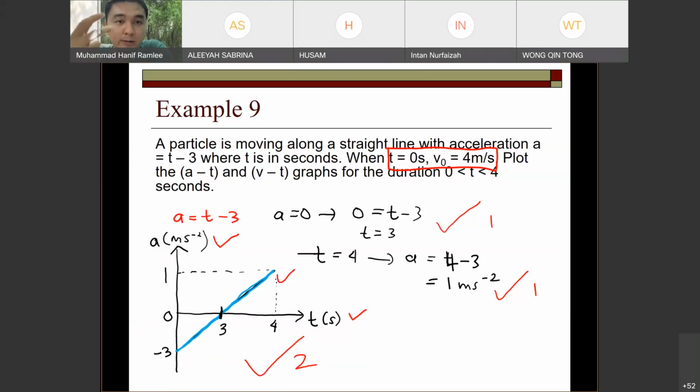And number two is the graphical interpretation method. For me, I will use the first one, getting it from the equation, because the graphical interpretation method is somehow difficult to imagine.